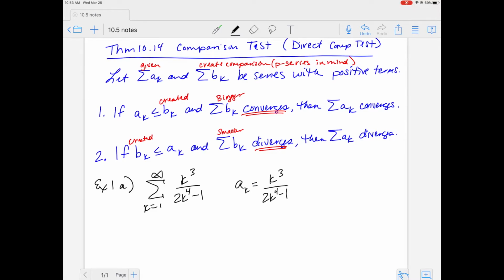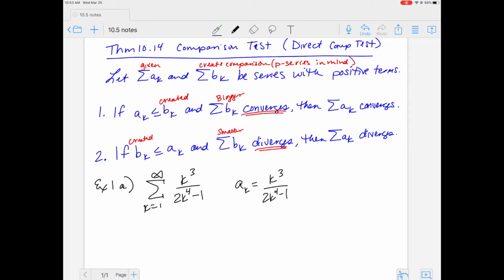Now, I want to create something that deals with the P series, and it takes the lead behavior is kind of what I want to say. So if I'm looking at this problem, I'm seeing, okay, I've got this rational expression. So that's a tip off. We're going to use comparison.